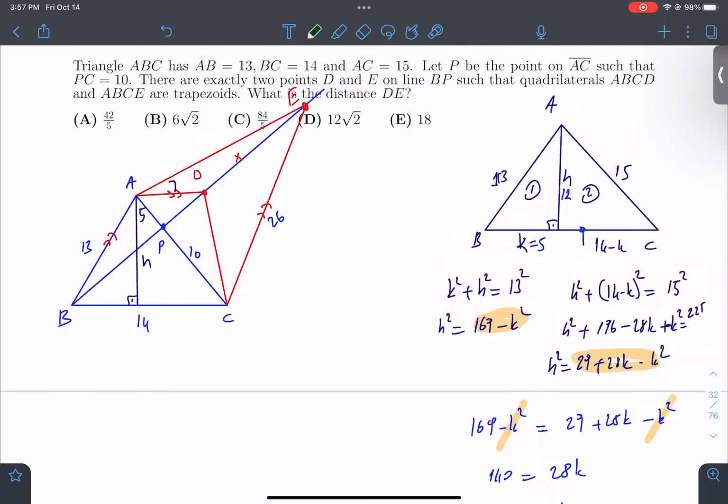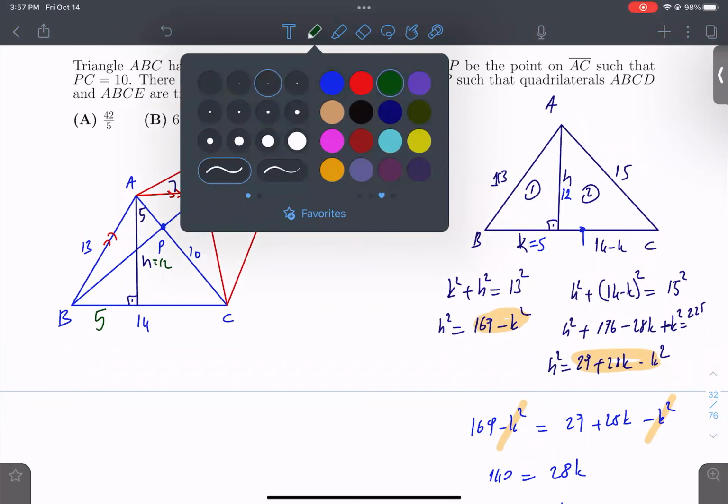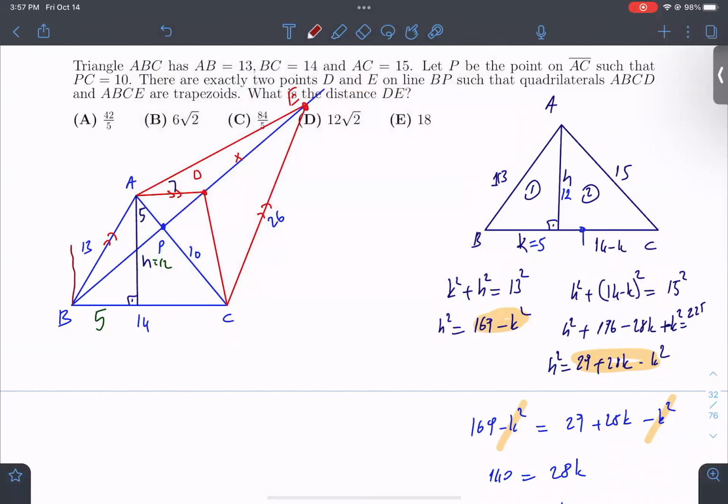We just found this as 5, H is 12, and I'm going to draw a rectangle here now. You have the height here.